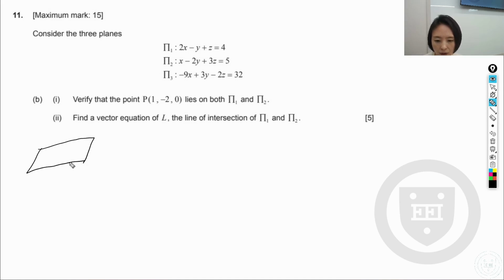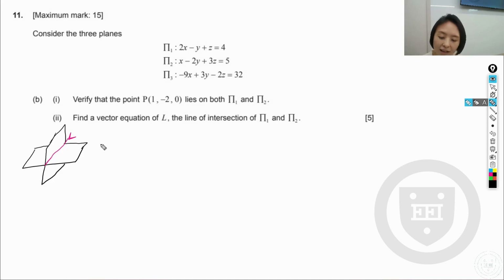For the second part of B, if you draw pi1 something like that, and pi2 is lying like that, there is an intersection line. That is L. We have to find it out.